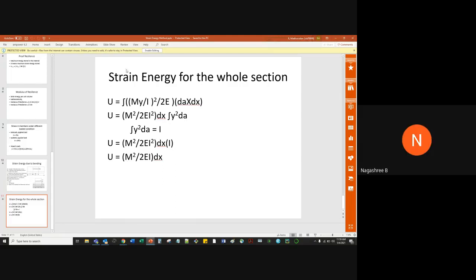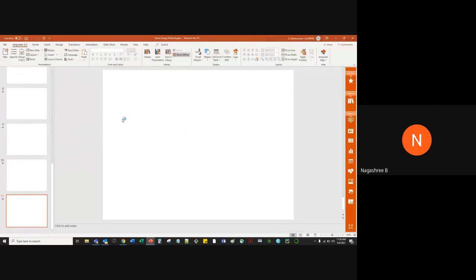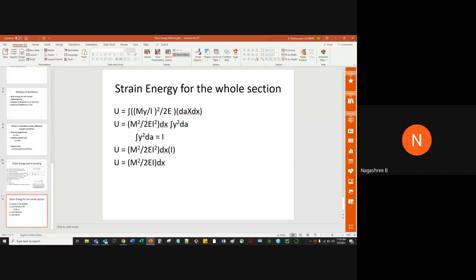Strain energy is nothing but the integration value, correct? You have two integration variables here: one is dA and the other is dx. If you integrate with only one variable, what about the other variable?